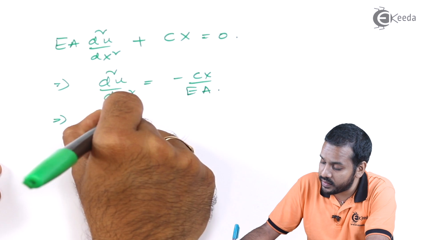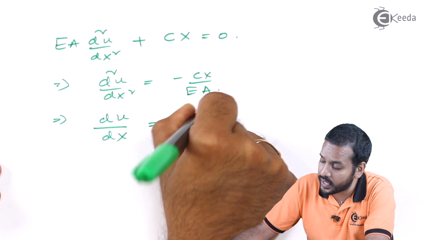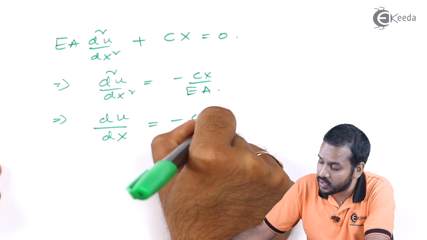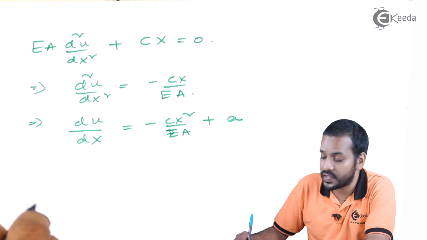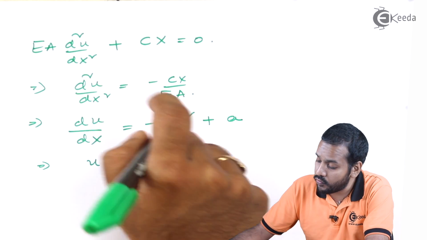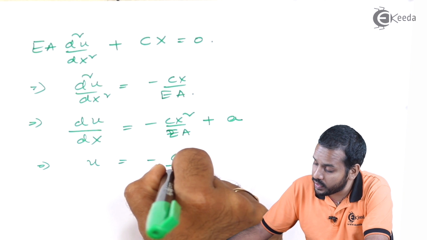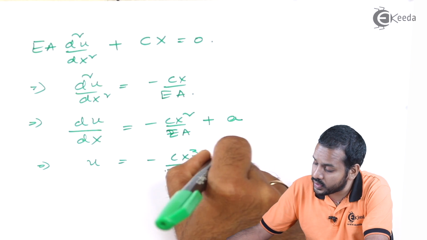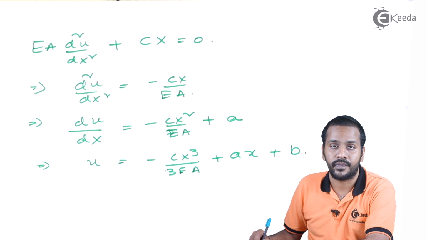Now integrating with respect to x, du by dx is minus Cx square by EA plus A, a constant. Integrating again, you get the displacement u equal to minus Cx cube by 3EA plus Ax plus B.